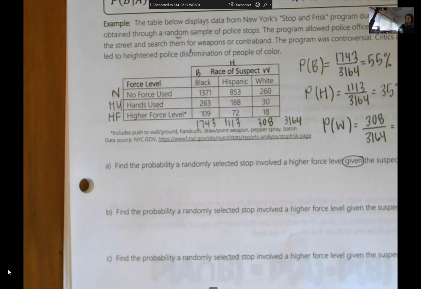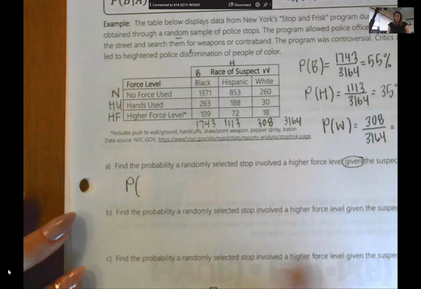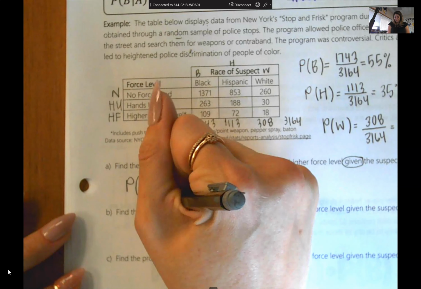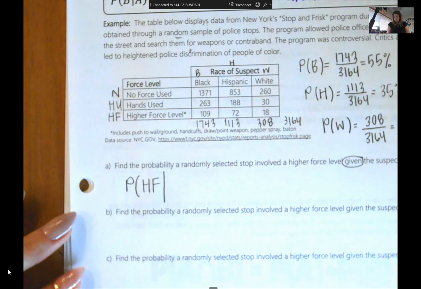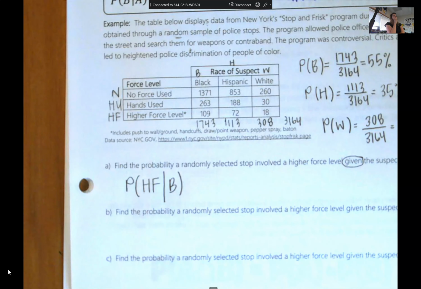So they're asking us P of higher force given B. So this is the probability that they're asking us to find.